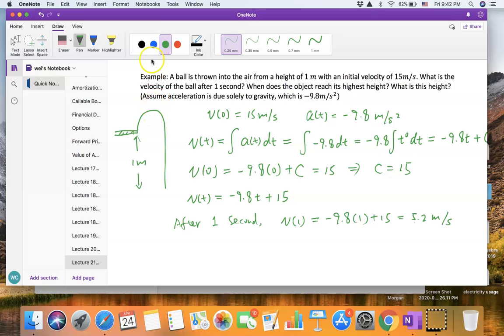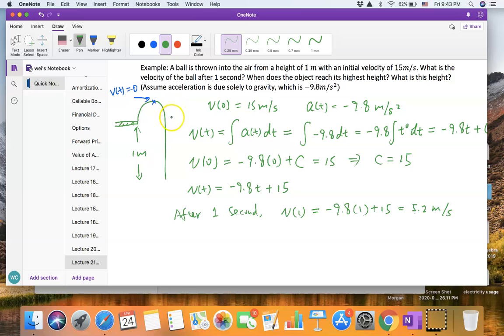So at this highest point, the velocity is 0. Okay, so to know when the ball reaches its highest height, we need to solve this equation for t.